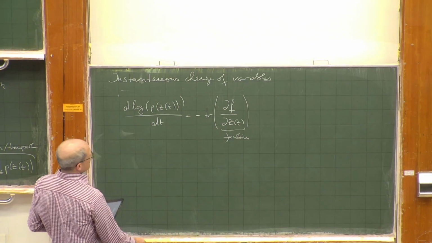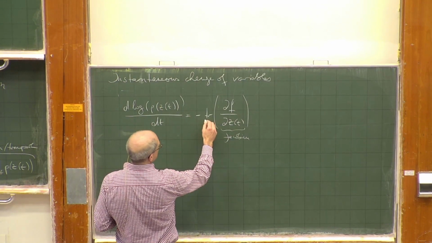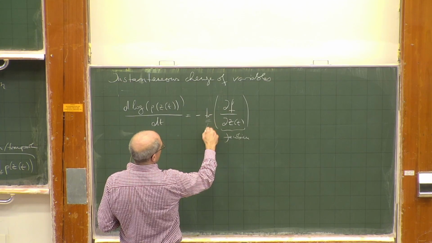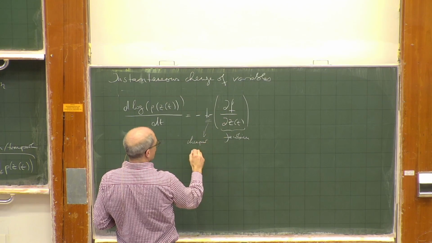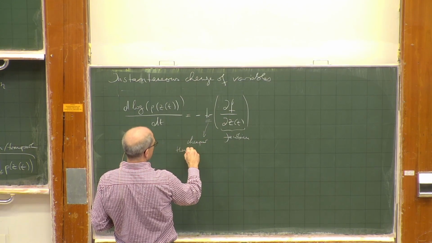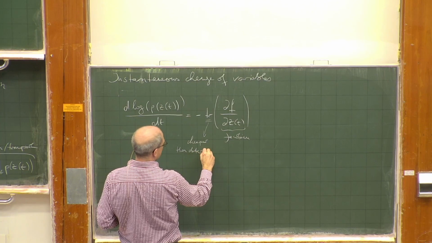And this trace here is somewhat easier to compute than the determinant, which we had previously. We had an expression with a determinant.